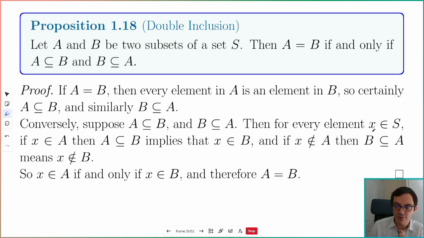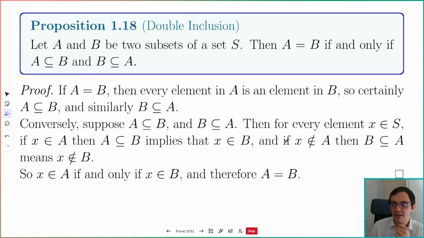Here we go. For every element of the set S, so it's a wider collection, if X is in A, then because A is a subset of B, it must be the case that X is an element of B. That's what subset means.